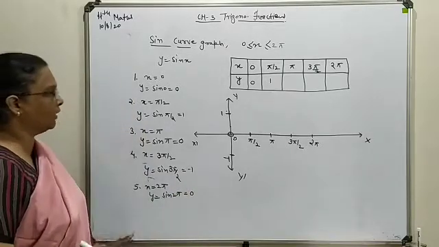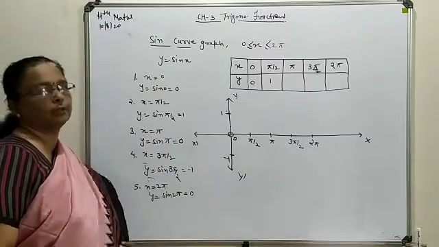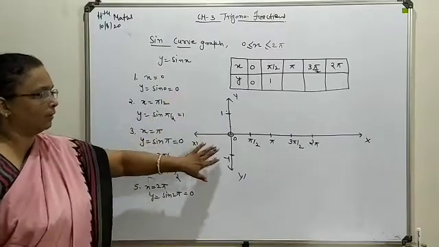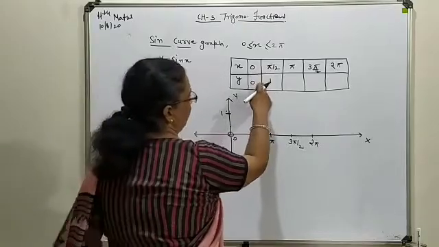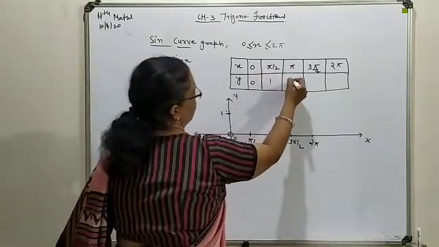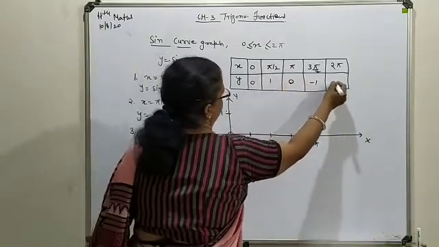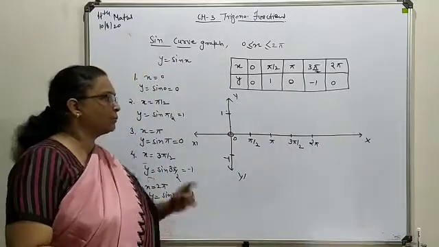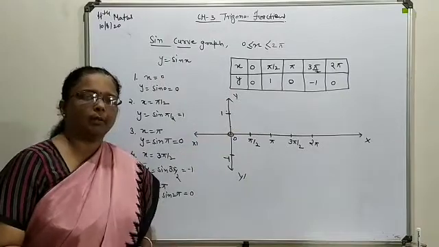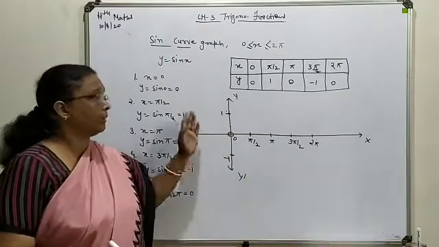Now all these values we are going to list out in a table and then locate on a graph. Pi by 2 we have already written, that is 1. Pi will give you 0, this is minus 1 and this is 0. In between we are not going to put the values. The standard curve will give you the idea about the pattern of the graph.